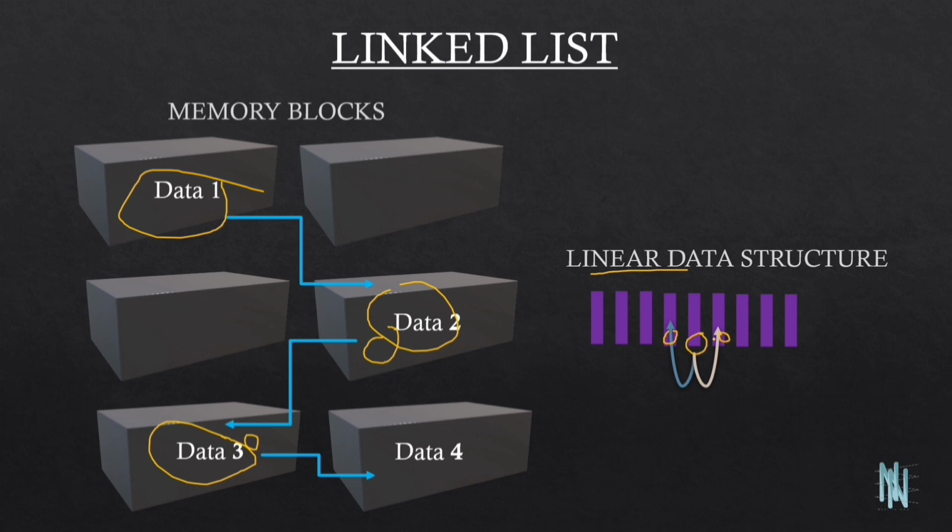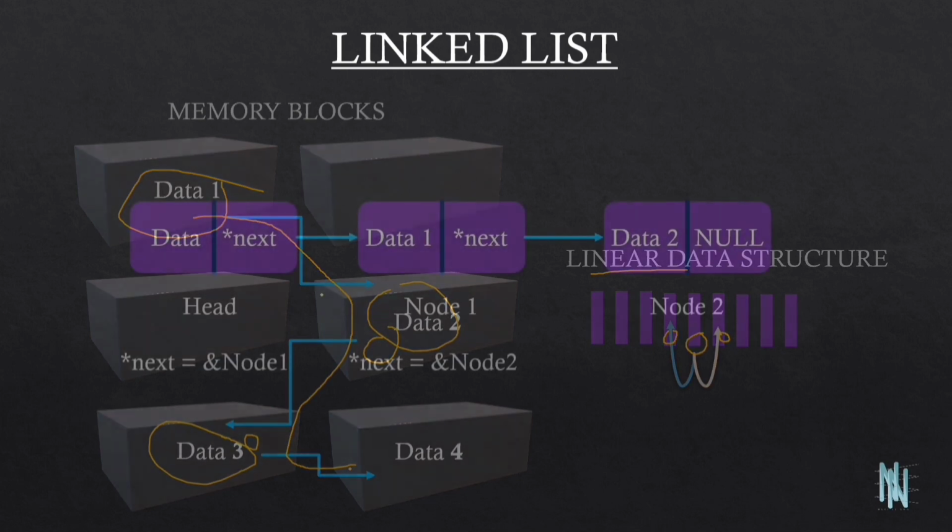Every element should be connected with its previous or its next element directly. You can see here this one is directly connected with this, and this is connected with this, and this is connected with this.